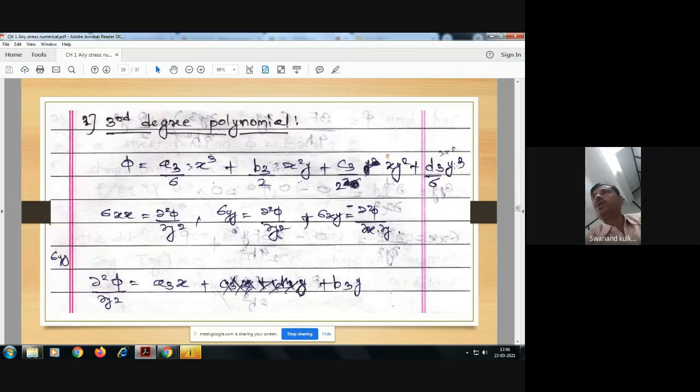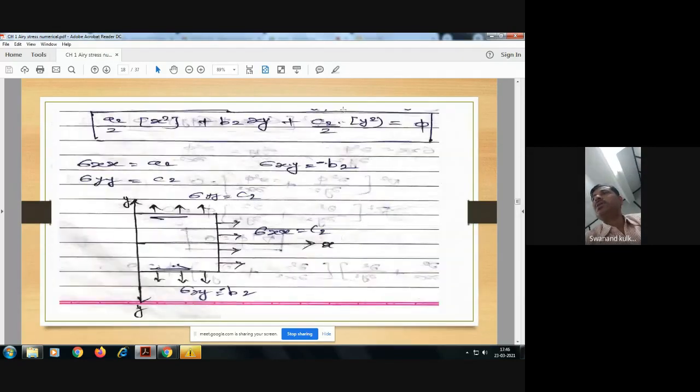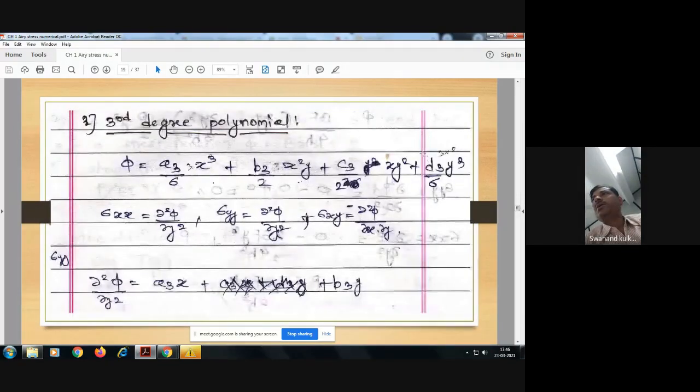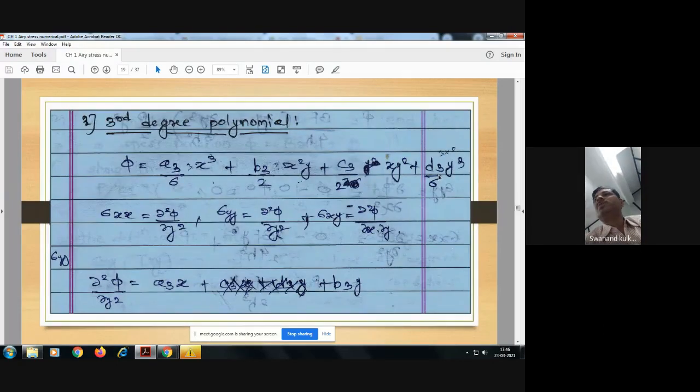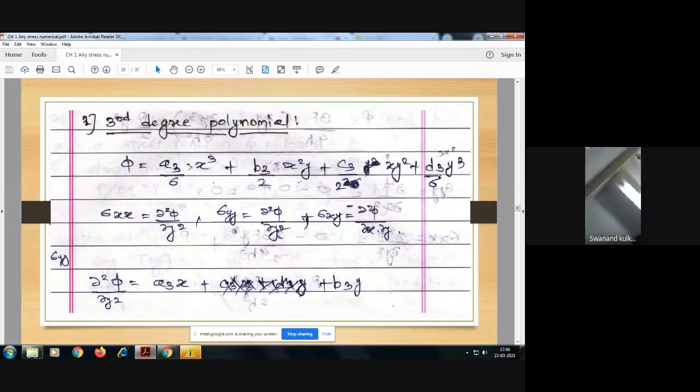So y raised to 3 upon 6, and this next constant we have used here as the d3 constant, because these are the constant terms a, b, c, d. These terminologies we always use for constant terms. So that's why this function phi will be expressed in terms of this a3, b3, c3 and d3 form.